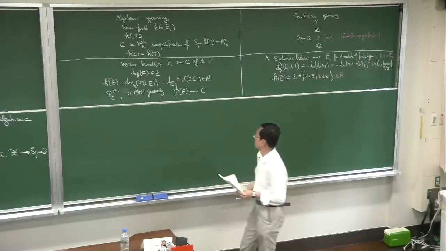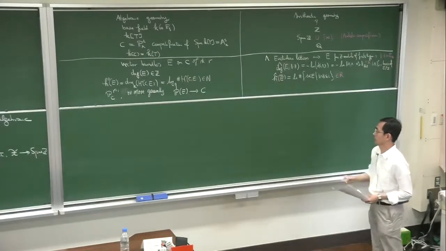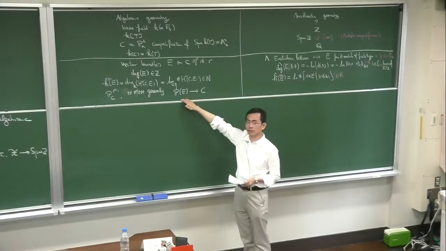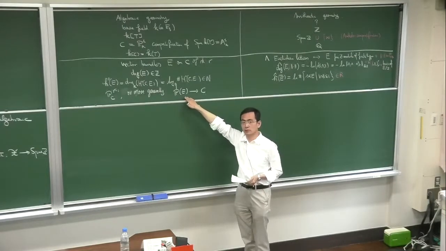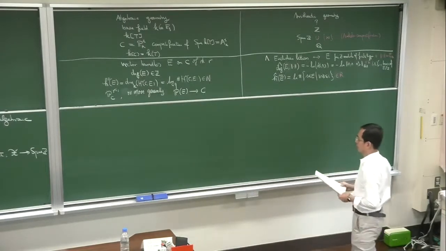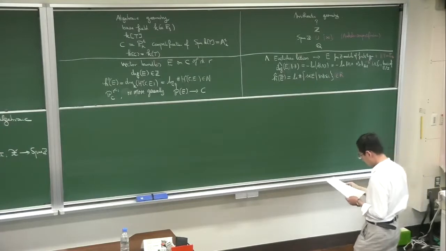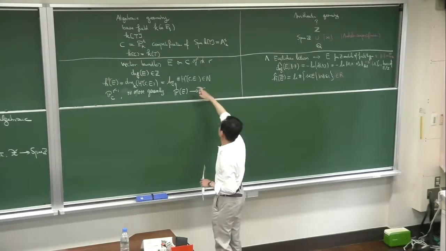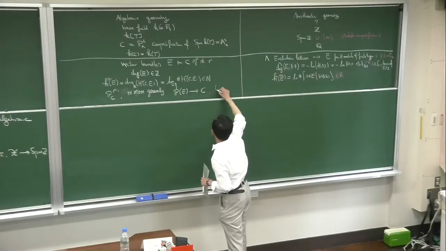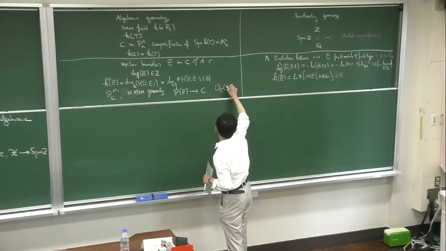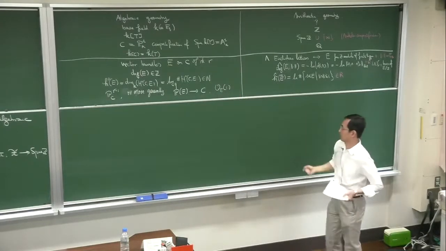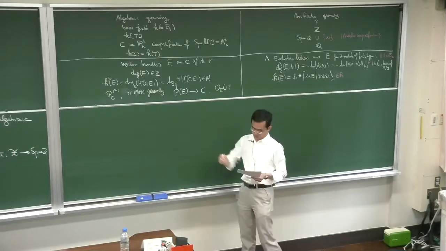This is a projective variety over C. Given a vector bundle, you can consider the projective space associated to the vector bundle. This is a scheme over C. And then on this you have the tautological line bundle, which is O_E(1). This is the line bundle over P(E).